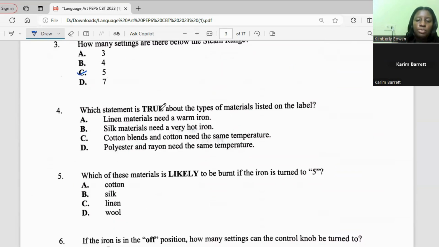Which statement is true about the types of materials listed on the label? Linen materials need a warm iron. Silk materials need a very hot iron. Cotton blends and cotton need the same temperature, or polyester and rayon need the same temperature.